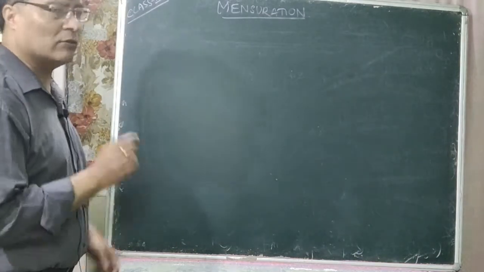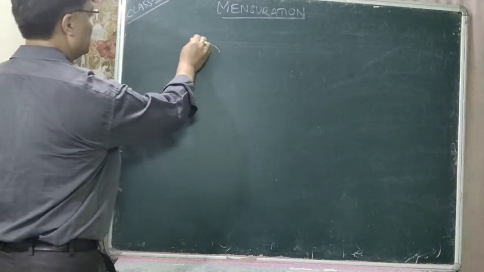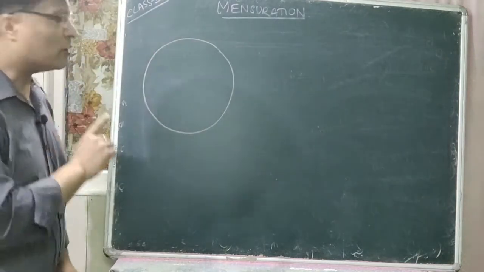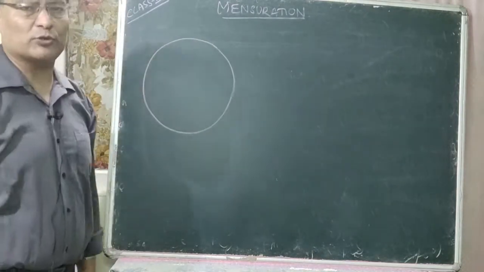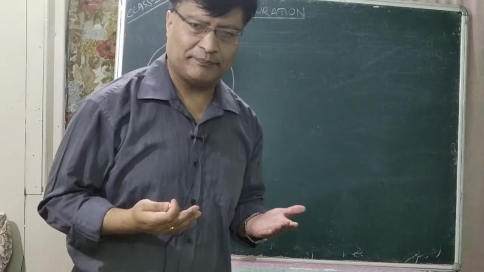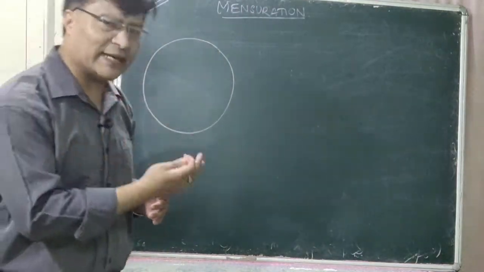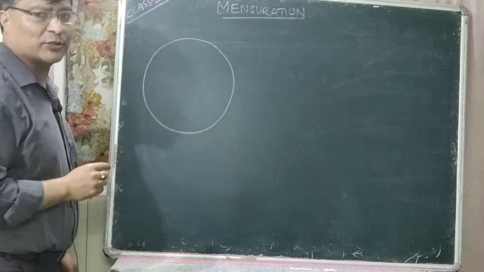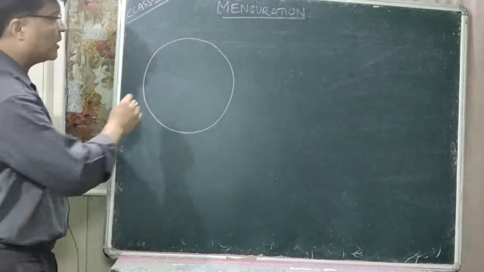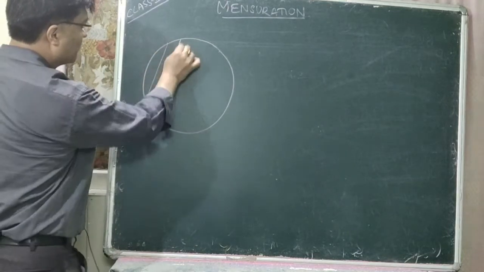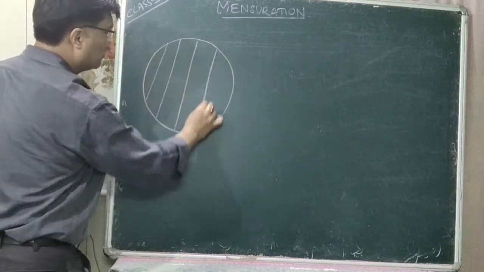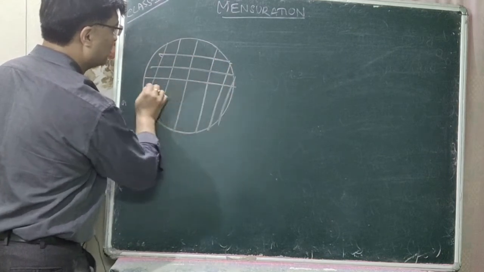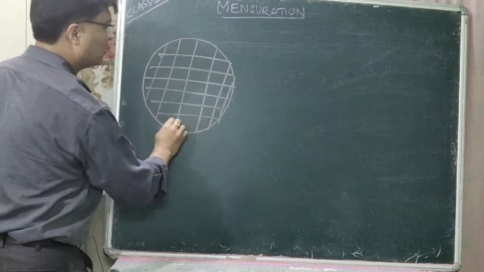Okay, so now let us take circle. त अब हामी सर्कल लिँदैछौँ. त सर्कल लिएपछि यसको हामी के चाहिँ नाप्न सक्छौँ? मेजरमेन्ट भनेको नै नाप्ने. त वी क्यान मेजर द एरिया अफ द सर्कल. एरिया अफ द सर्कल भने हामी के बुझ्छौँ? यो भित्रको पोर्सन. दिस इज योर एरिया. वी क्यान मेजर द एरिया अफ दिस सर्कल, राइट?